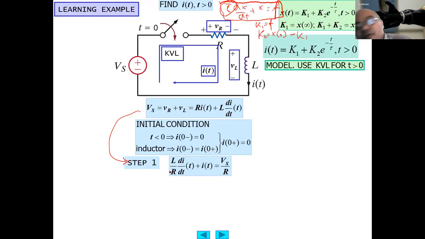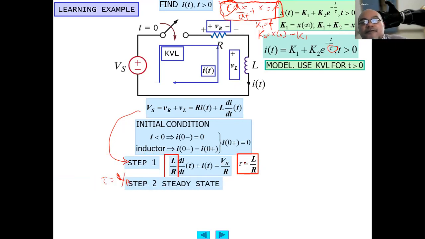So from here we already obtain tau equals L over R for our general solution.